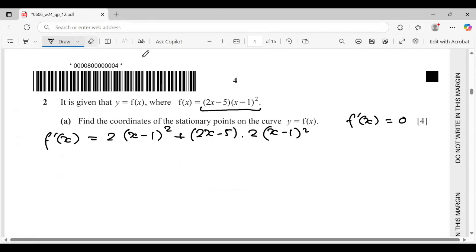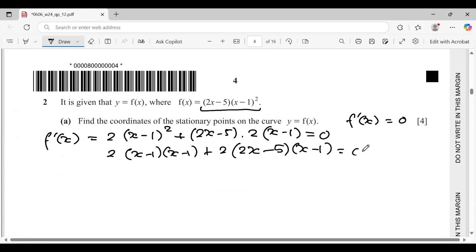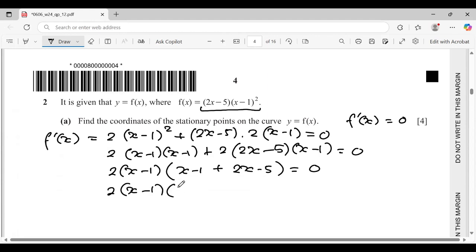Sorry, without the square, and it equals 0. I will write 2 in front: 2(2x minus 5)(x minus 1) equals 0. After that, factorize (x minus 1): (x minus 1) times (x minus 1 plus 2x minus 5) equals 0.